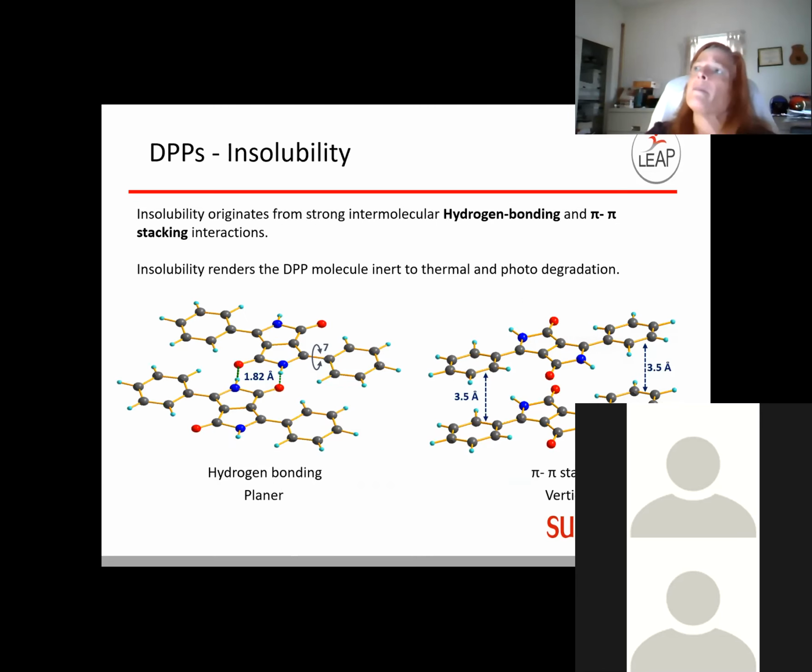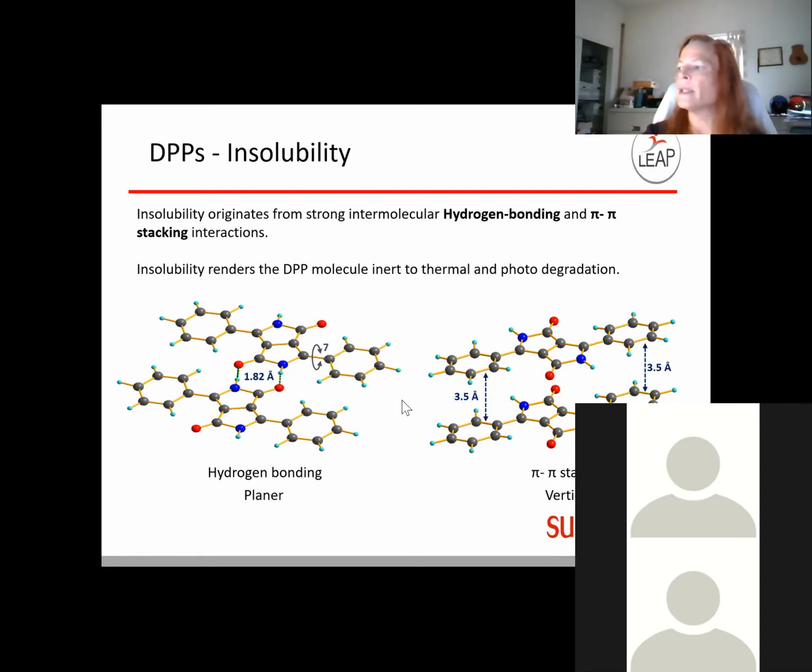We talked about the insolubility of DPP chemistries, and this comes from two different places with respect to the DPP molecules. The first one comes from the hydrogen bonding of the molecules on the planar side, so that it has a very strong hydrogen bonding interaction that keeps the molecules on the horizontal space, if you will, tightly together in there.